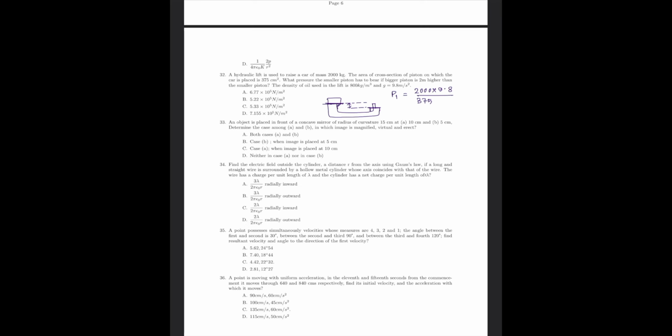You need to multiply by a factor of 10 to the power minus 4. So the pressure on the smaller lift would be P1 plus rho g times 2 meters. If you put in the value of rho, which is 800 kg per meter cube, and g, and calculate P1, it is easy to show that the answer would be option C.